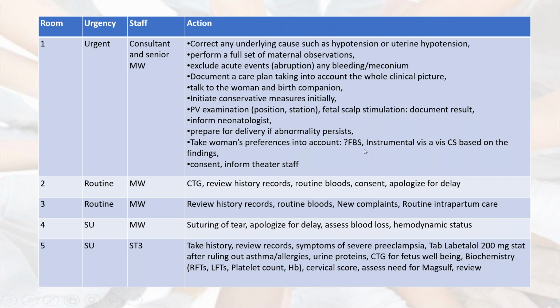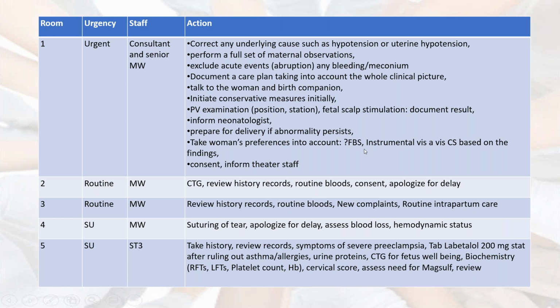Now, if you notice, I have mentioned here query FBS. Whether to do FBS in second stage or not is a controversial topic which you can avoid in the exam. FBS can be done if the lady is, say, obese and you think cesarean is going to be difficult, station is high, instrumentation is going to be difficult, both modes of delivery are difficult, and the only problem is the pathological CTG with no other risk factors, then you can consider FBS.